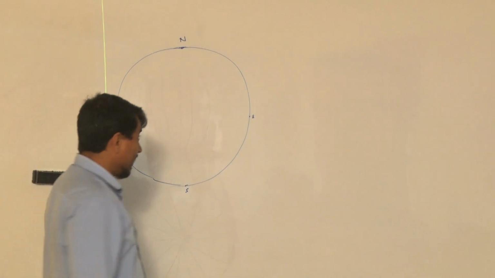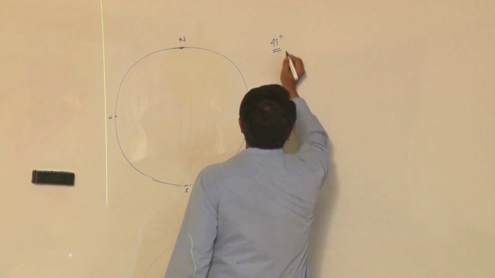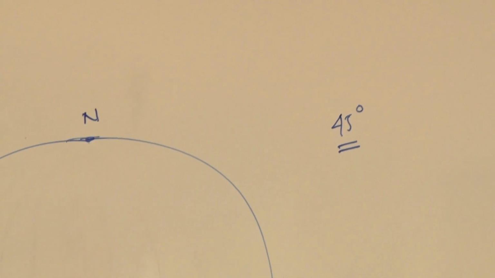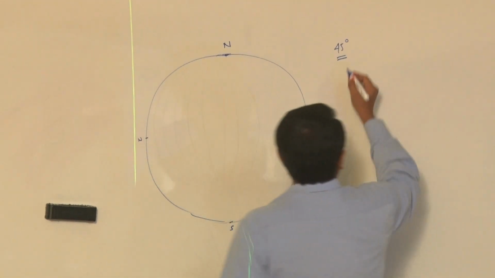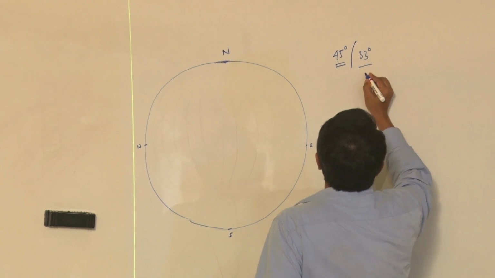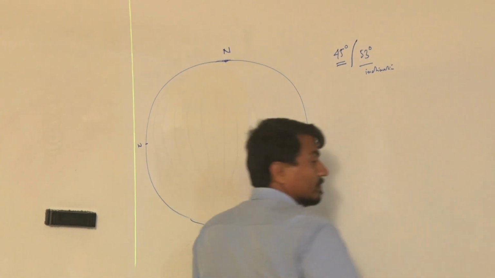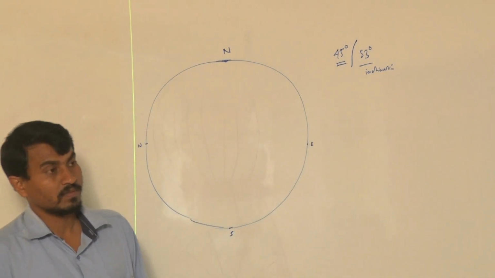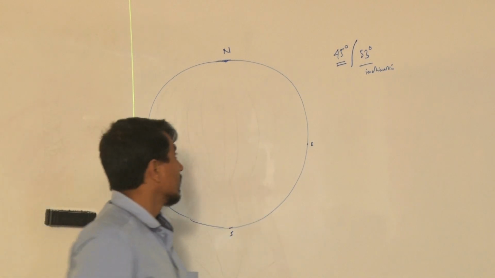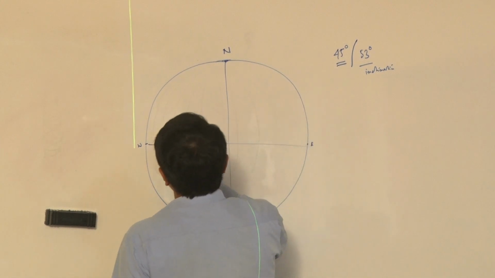The procedure is, if 45 degree is the orientation of the joint and 53 degree is the inclination of the joint, how will you plot it on this stereonet paper? Stereonet paper is basically like this.